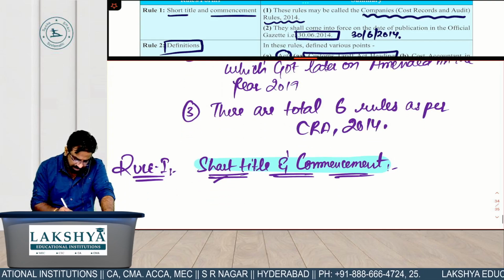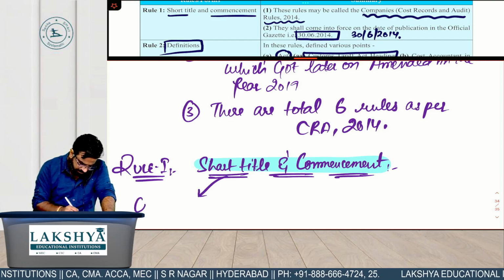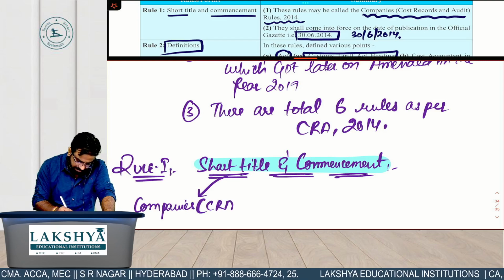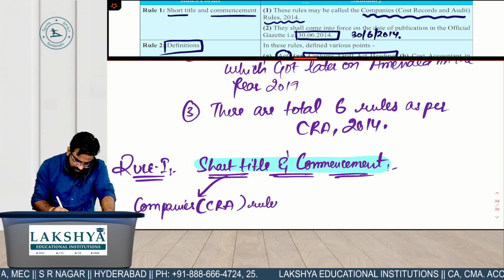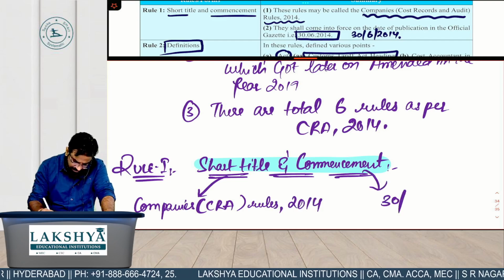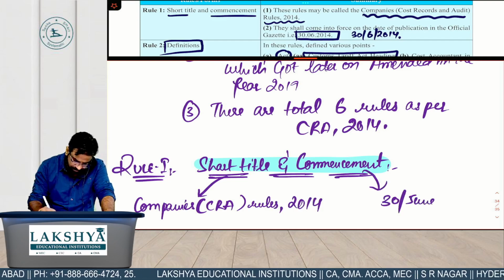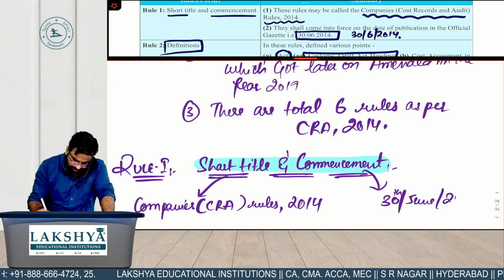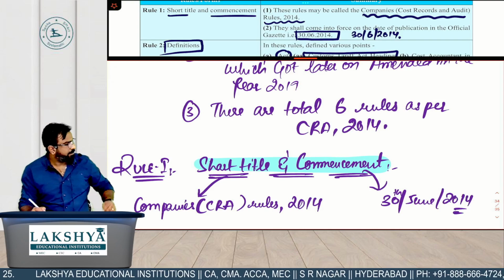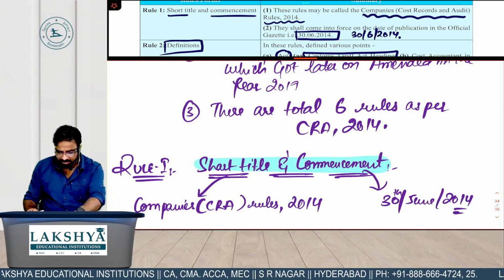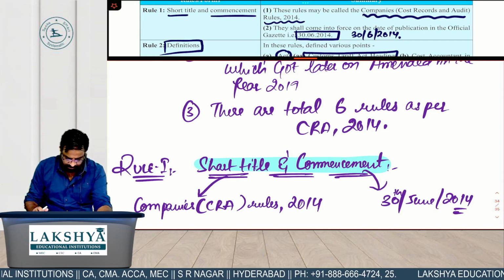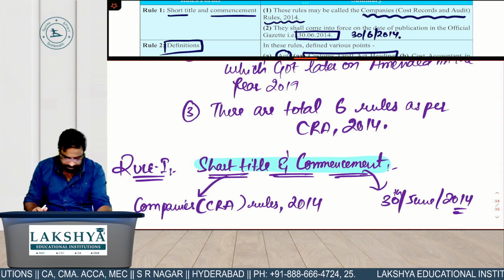What is the title of the rules, everyone? Companies CRA rules 2014, and the date of commencement was 30th June 2014. So rule number 1 is short title and commencement. The date is 30th June and the name is Companies CRA rules 2014.